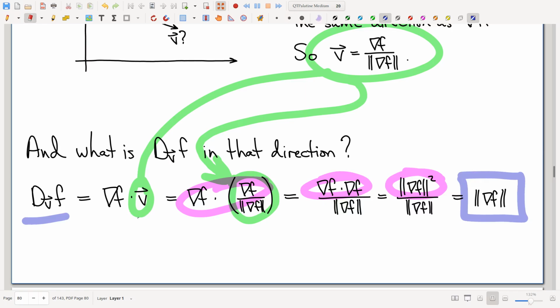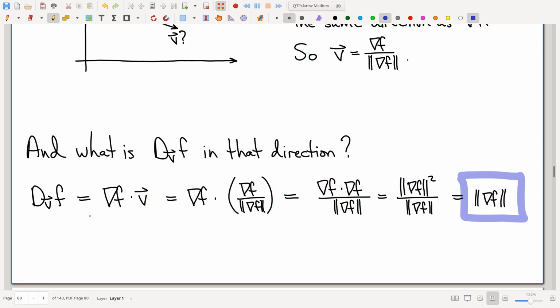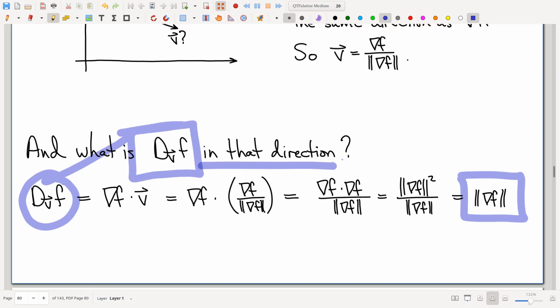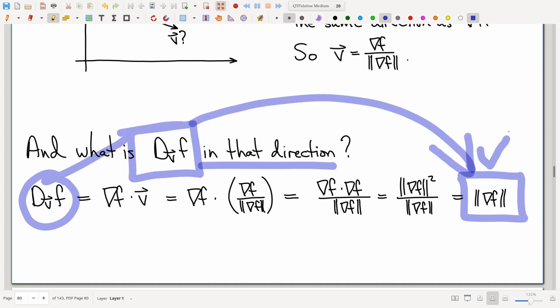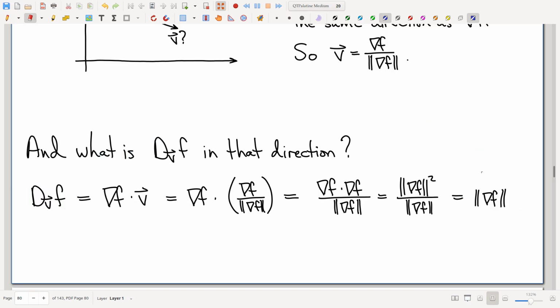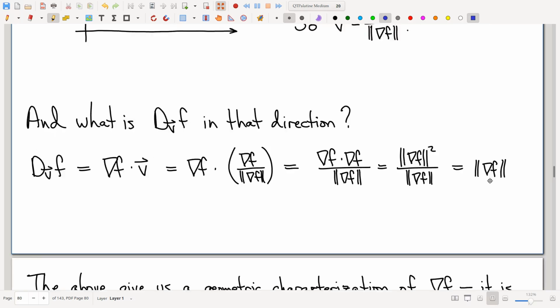And so the answer to our question, what is the directional derivative in that direction? The magnitude of the gradient. So in some sense, the gradient was the answer to both of the questions we just asked. What direction? Gradient. What's the directional derivative in that direction? Gradient. All right? One's the direction, one's the magnitude.